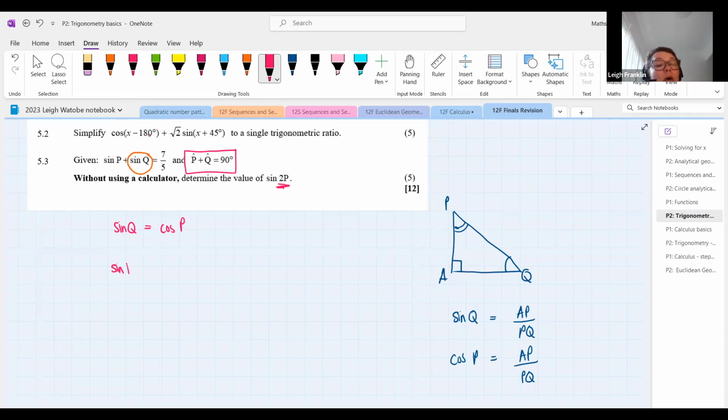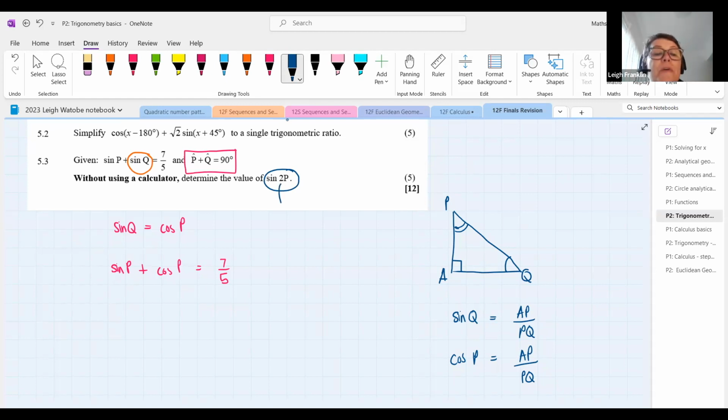The sine of P plus, and I'm going to substitute the cos of P in place of the sine of Q, and I'm going to make it equal to 7 over 5. Now, the next step in the question is given to us in this sine 2P over here. That's actually where the hint is.